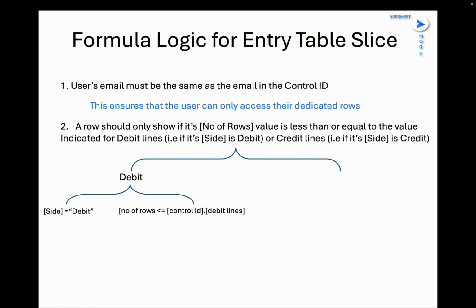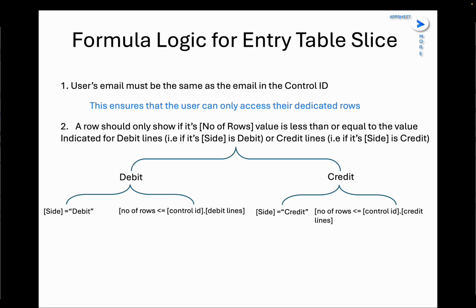The control ID dot debit lines comes from the control table. So the number set in there, the number of rows for this particular row must be less than or equal to that. Same goes for credit, just that the side has to be equal to credit and the number of rows must be less than or equal to control ID dot credit lines. I hope this actually makes it clearer for you to understand.